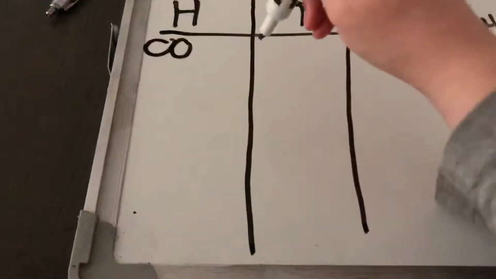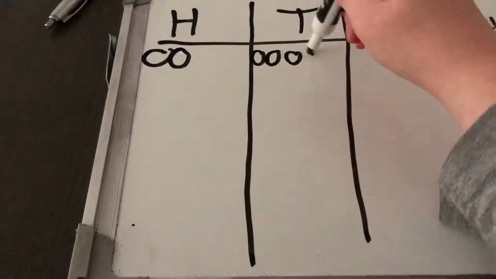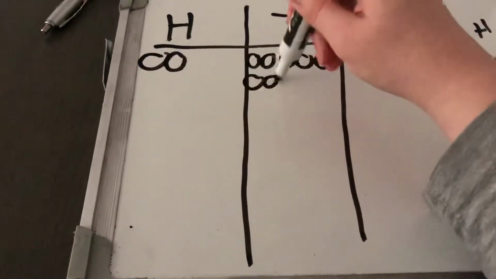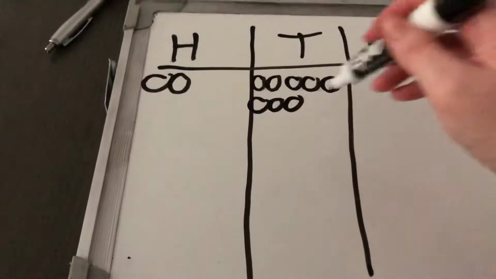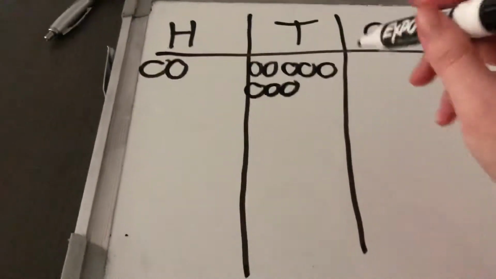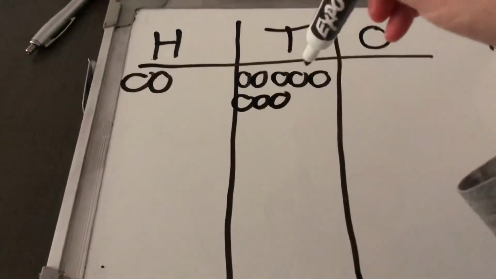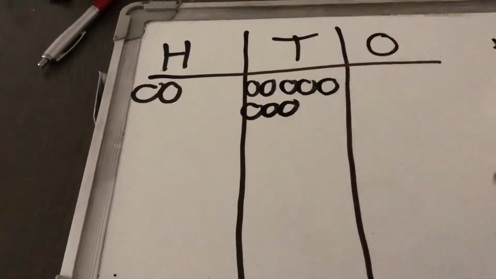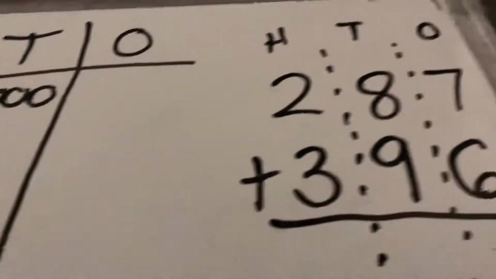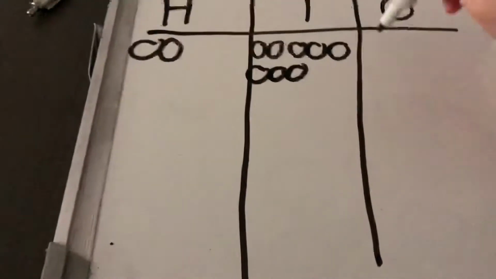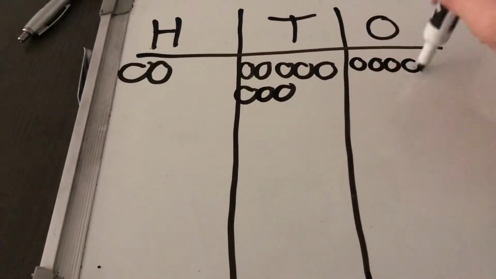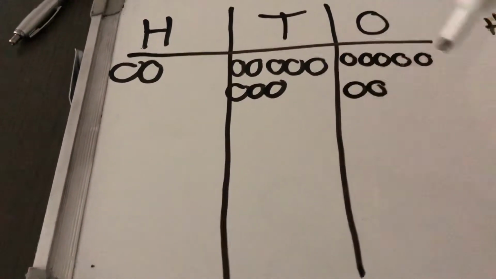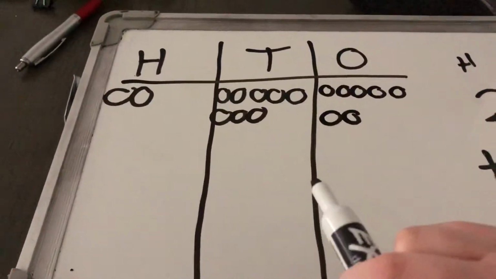Good, 8. 5, 6, 7, 8. Now notice how I made this in our 5 groups, because our favorite numbers to count by when we do place value are 5 and 10. And how many ones? 7. All right, all set up.